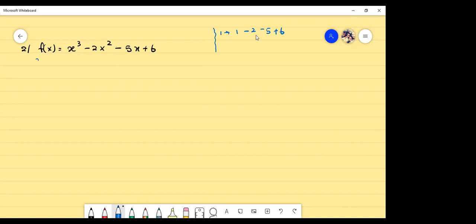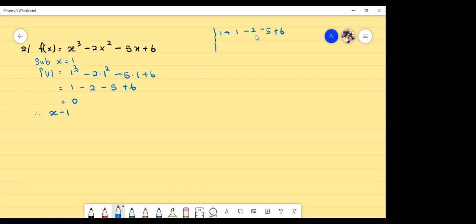Then we substitute x equal 1. Then f(1) equals 1 cubed minus 2 times 1 squared minus 5 times 1 plus 6, which is 1 minus 2 minus 5 plus 6. Then it is 0.